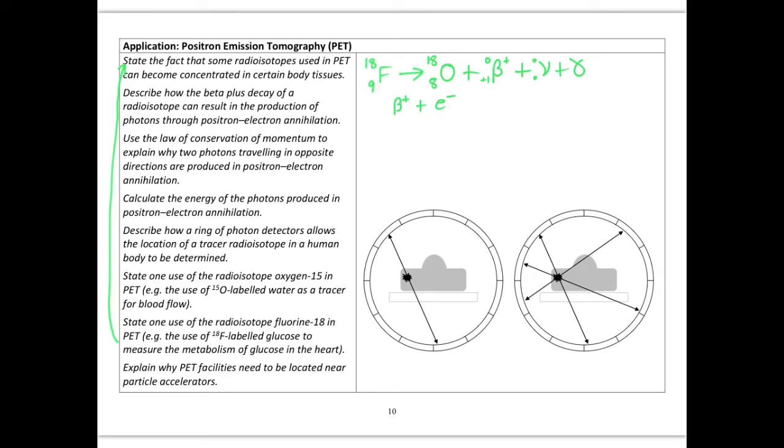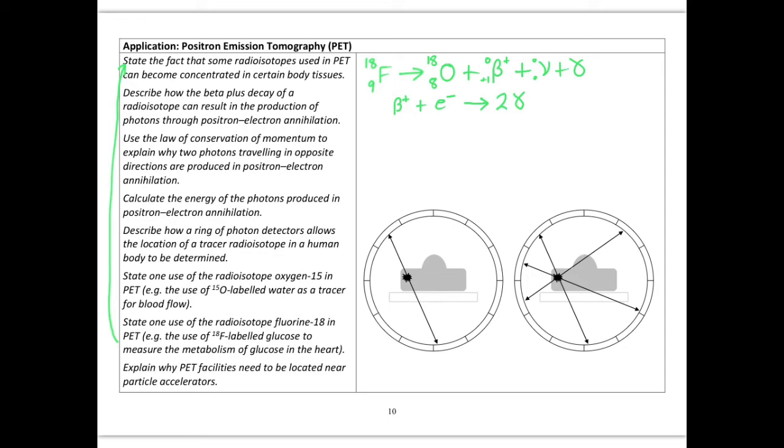And when this happens, the two of those annihilate and produce two gamma ray photons. So they collide. The reason we get two photons is momentum must be conserved. So, for momentum to be conserved, we need two things going in opposite directions so their momentums cancel out.